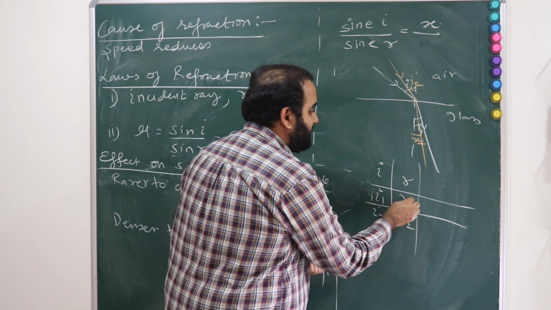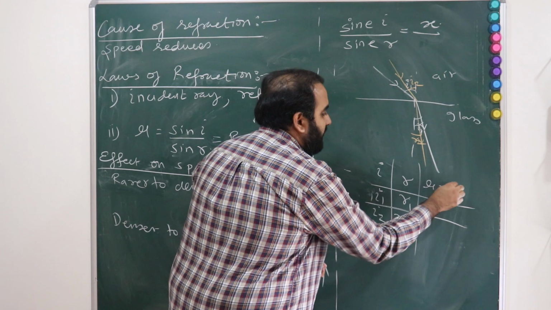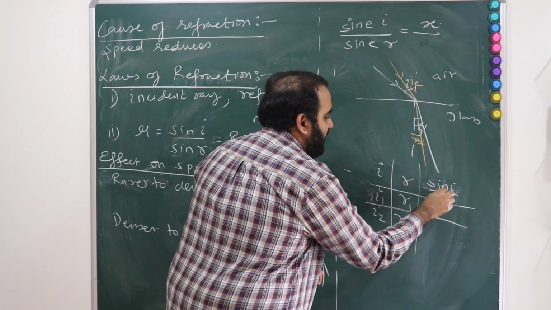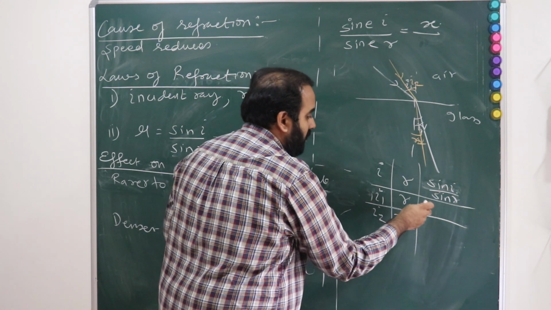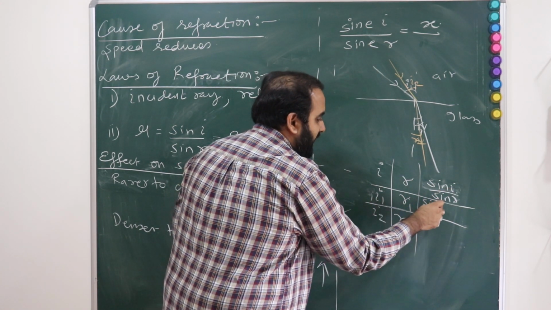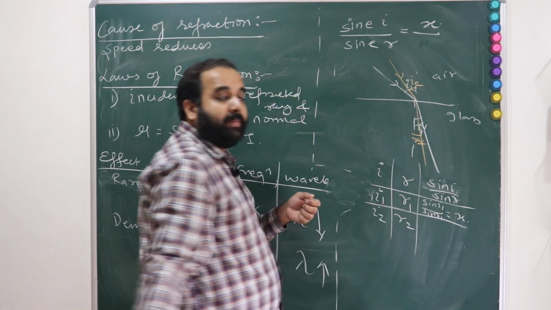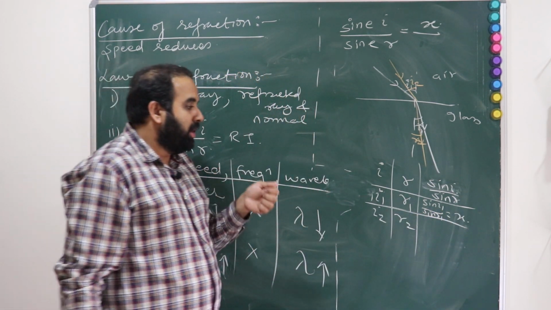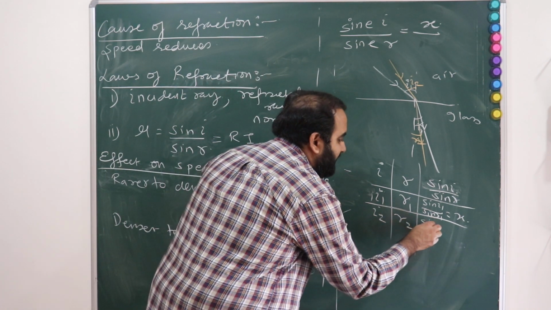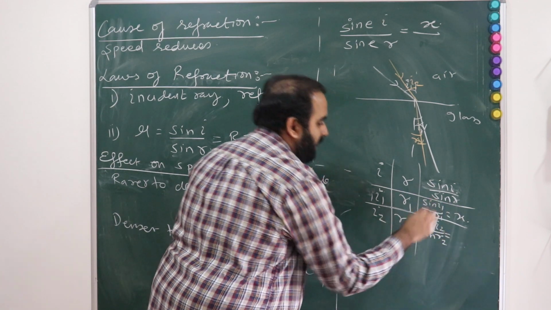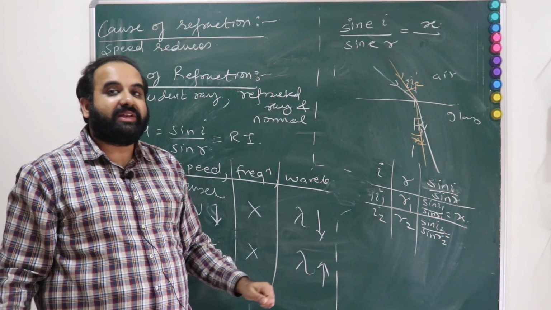And what did I do in this particular case? I took the ratio, sin i upon sin r. This is my formula. So sin I1 upon sin R1, and I get one particular value. Next, I do sin I2 upon sin R2. And now students, pay attention very carefully.